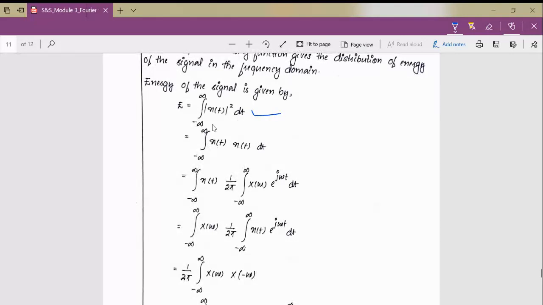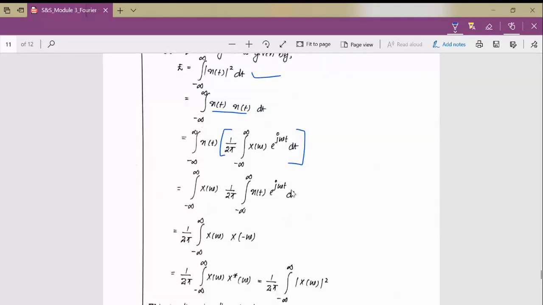Okay, so we are splitting that as x of t into x star of t, and we know the inverse Fourier transform, that is x of t is equal to 1 by 2 pi integral minus infinity to infinity x of omega e raised to j omega t d omega. So this x of t is replaced by that inverse Fourier transform equation.